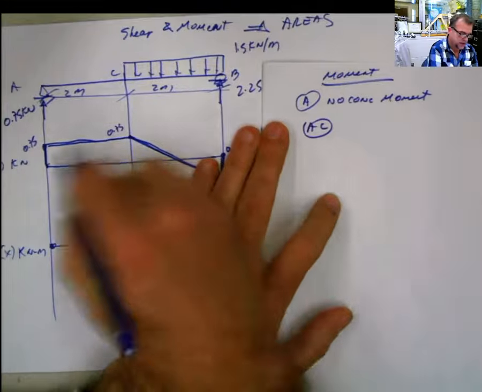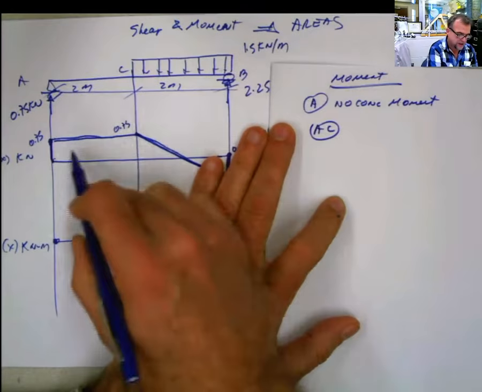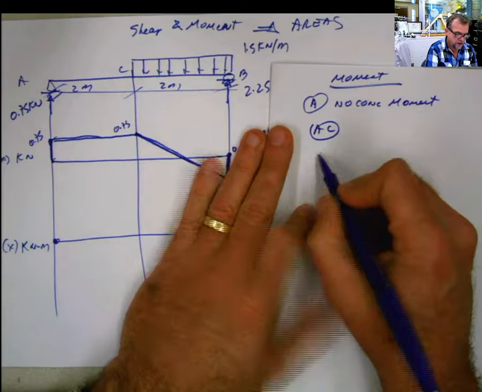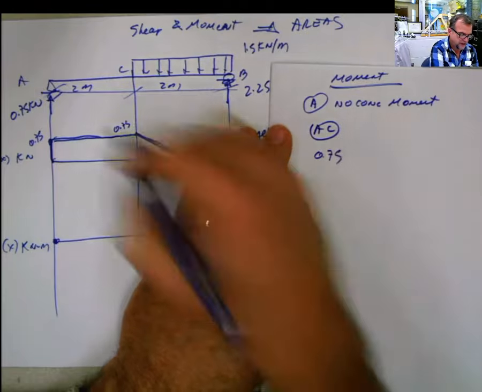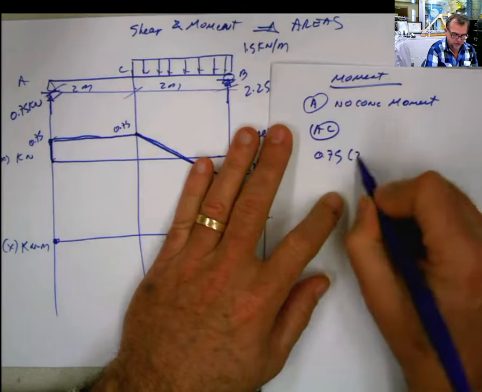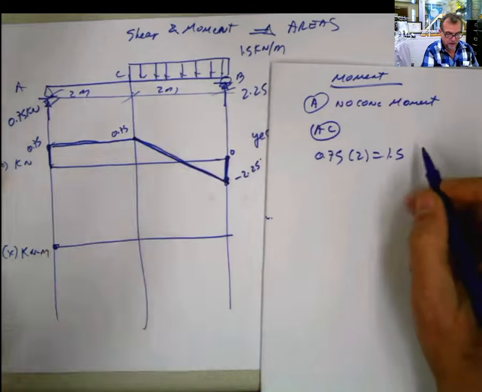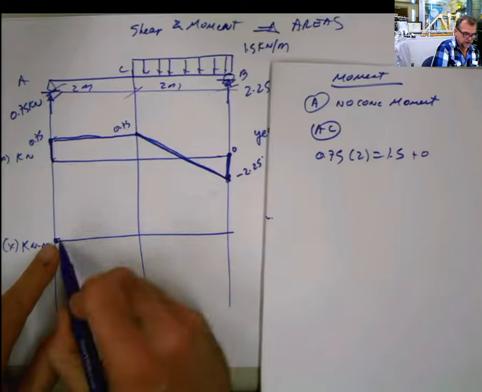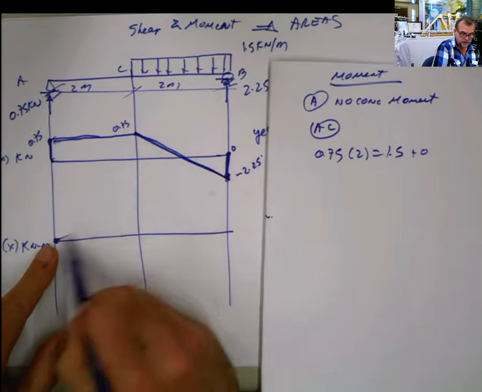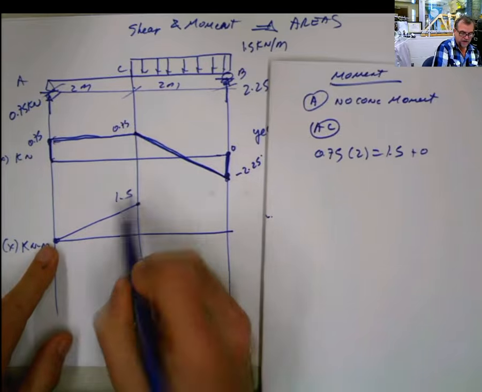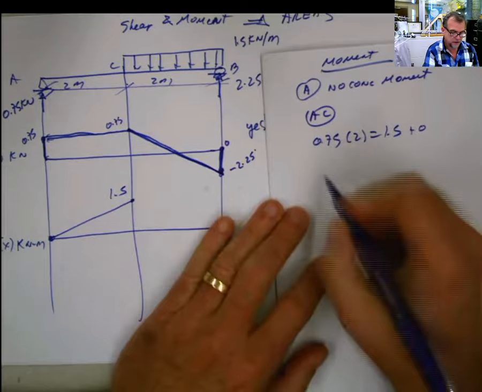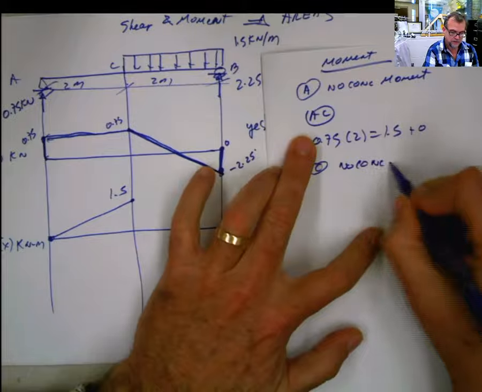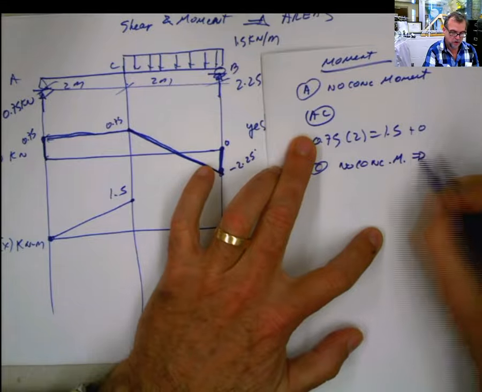This is the area of the shear, because the integral is the area, and this is the shear. What is the area of that part? It's 0.75 times 2, which is 1.5, plus the value that I carried before, which is 0. And I know this line is constant, so this is going to be a straight line, 1.5. Done. Now point C, no concentrated moment, no change.